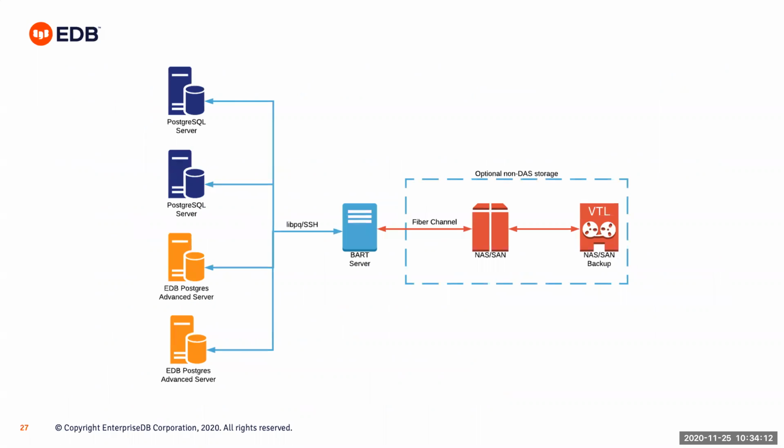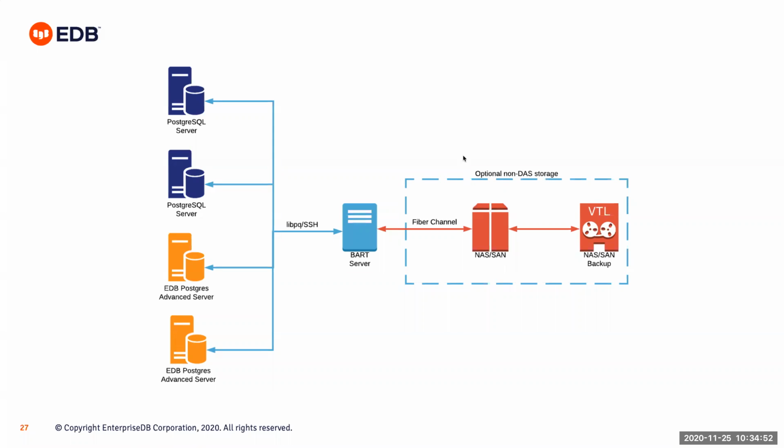It looks like this. So usually it's a server. You set up BART as a dedicated server, and then you have BART connect to the databases with libpq, the Postgres protocol, and with a secure shell. Also, the database servers themselves are copying the WAL files to the storage that BART has set up.